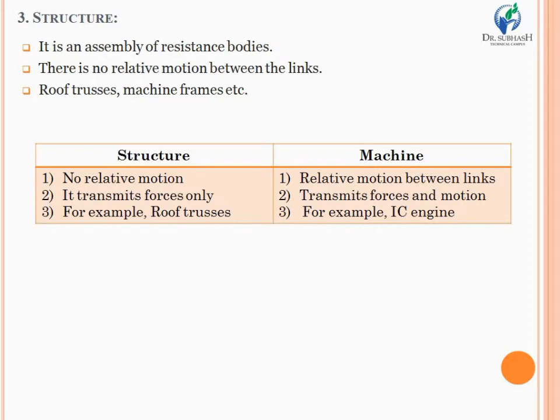Structure examples are very common, like roof trusses, machine frames, as I said, constructional buildings, all of which are structural examples. And if you are talking about the IC engine, or other machinery like lathe machines or the mechanism of workshop machinery, all are known as machines.